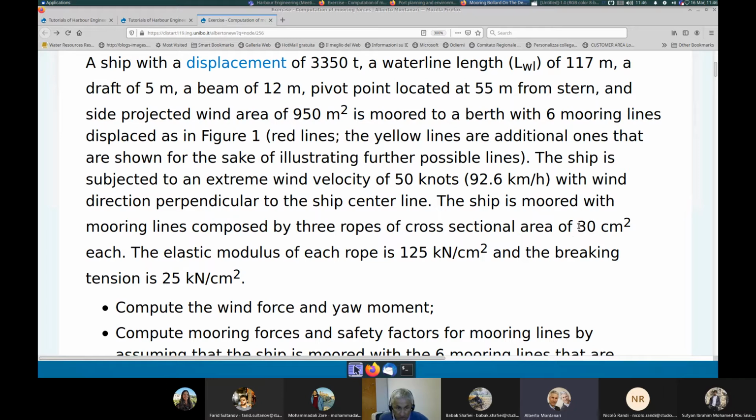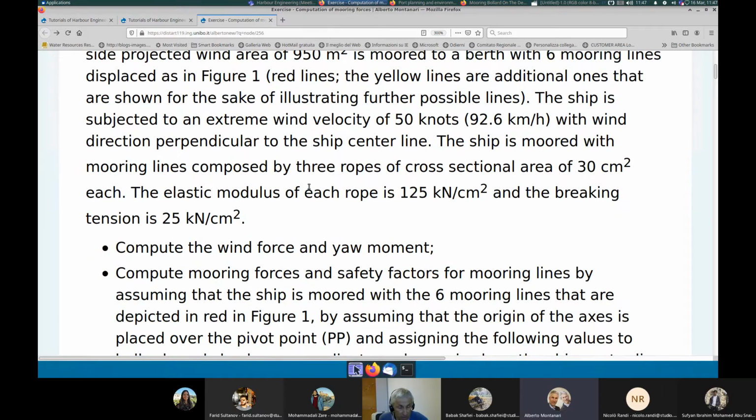So the total cross-sectional area of each mooring line is 30 times 3, 90 square centimeters. The elastic modulus of each rope is 125 kilonewton per square centimeter, and the breaking tension is 25 kilonewton per square centimeter. So I think that you had some courses of structural mechanics. So I assume that you know what is the elastic modulus and what is the breaking tension of a given material, okay?